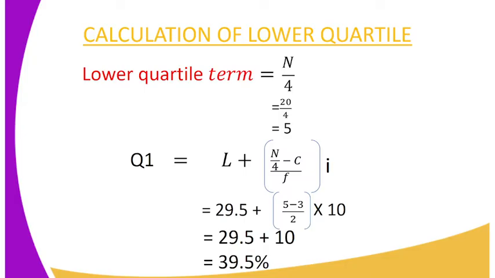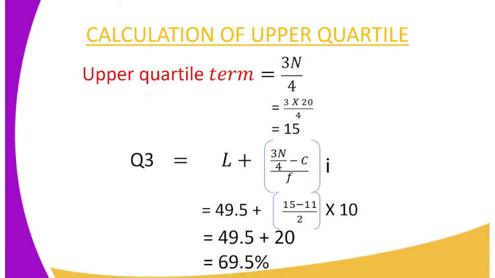You calculate the lower quartile term as we did in the previous lesson, and we got Q1, the lower quartile, as 39.5%. Then you calculate the upper quartile using this formula, and the answer which we got in the previous lesson was 69.5.